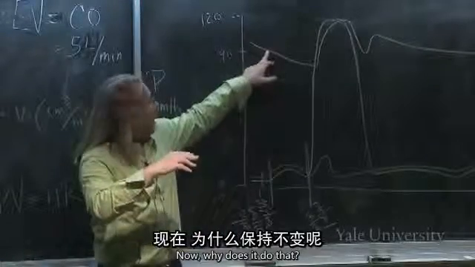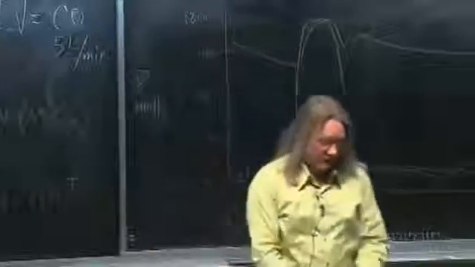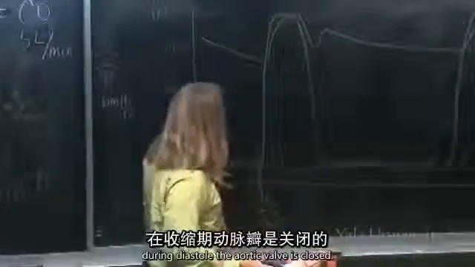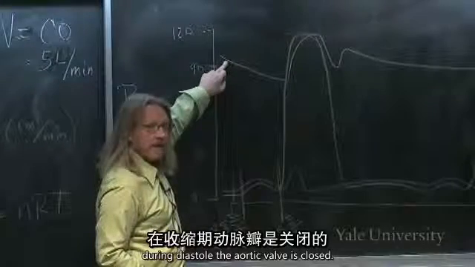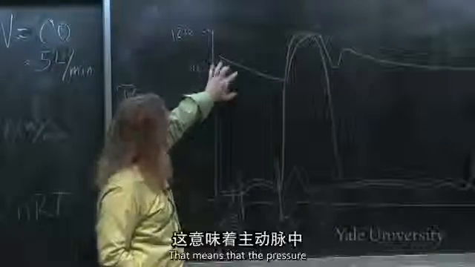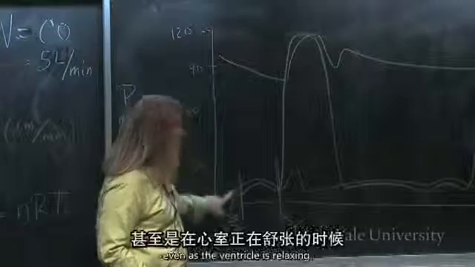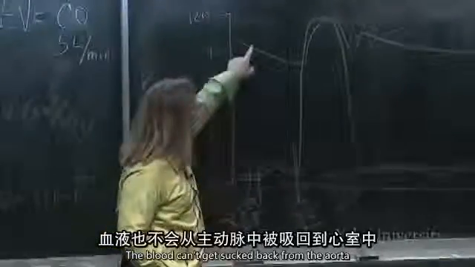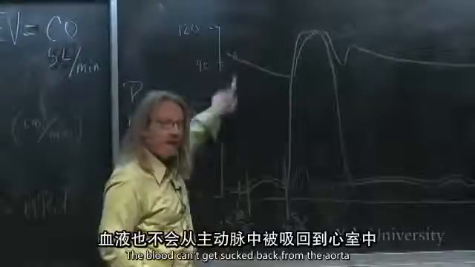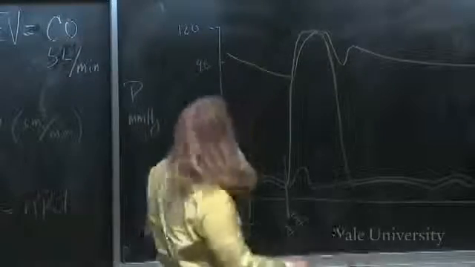Now, why does it do that? Because the aortic valve is closed. During diastole, the aortic valve is closed, and that means that the pressure that was generated stays high in the aorta even as the ventricle is relaxing. The blood can't get sucked back from the aorta into the ventricle because at this point the aortic valve is closed.